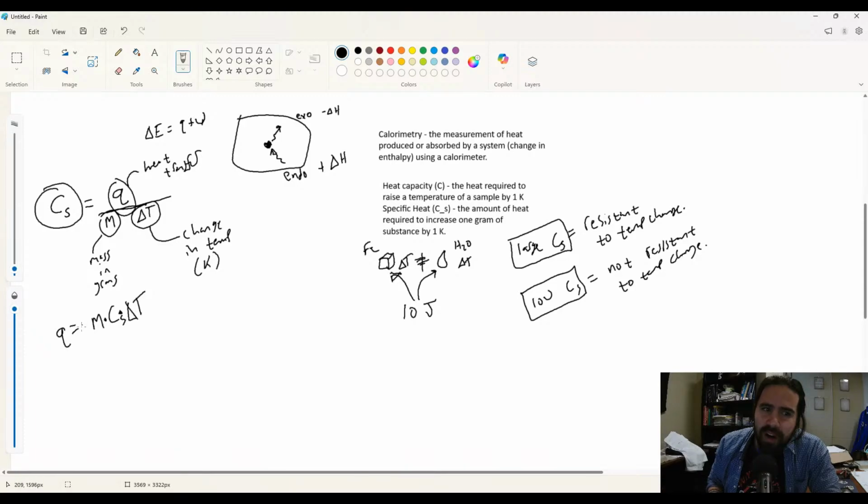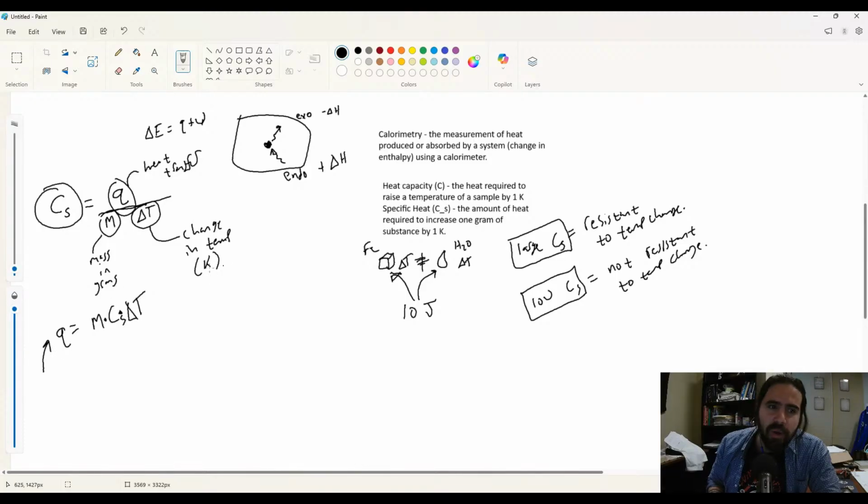And this is where this starts to click into calorimetry. Because remember, enthalpy at a constant pressure, we talked about this a little while ago, is equal to the heat transfer given a constant pressure.